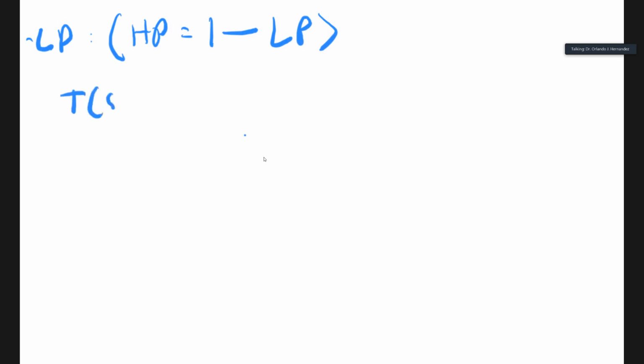Our low pass, which by the way is also, if you want the high pass again, you just have to subtract that response from 1. So if we apply a voltage divider, then we get, in the S domain, this equation.